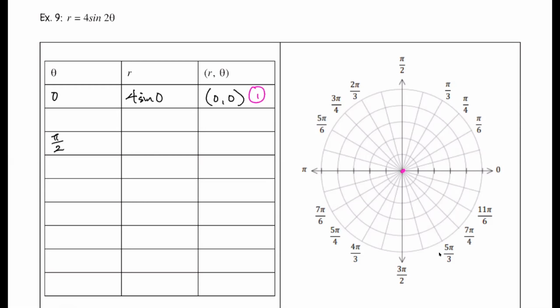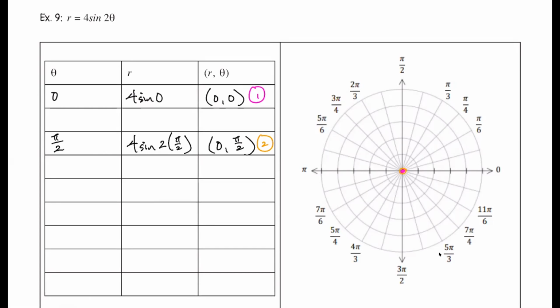Let's say we went to pi over 2. This would give me 4 sine of 2 times pi over 2. Let's see, that's 0. So 0, comma pi over 2. So this point is right back at the origin.